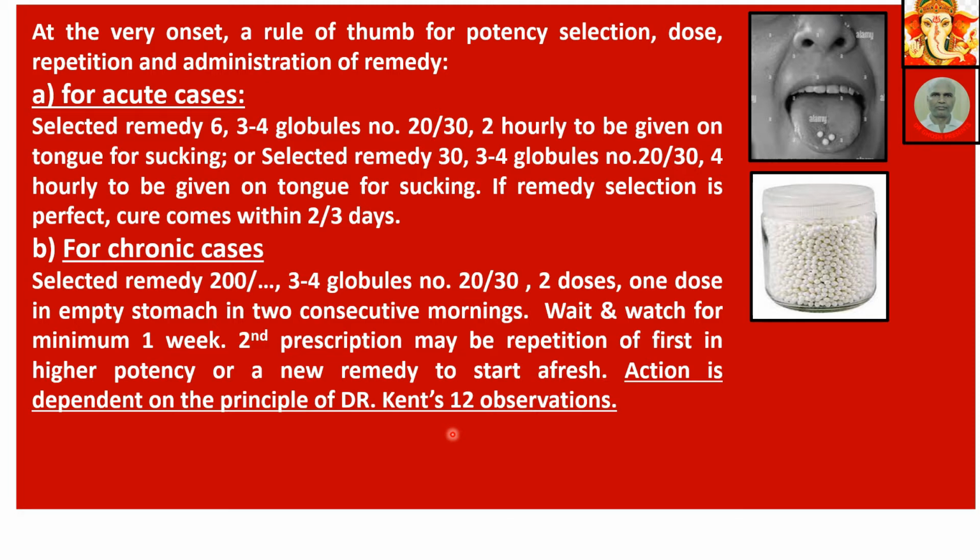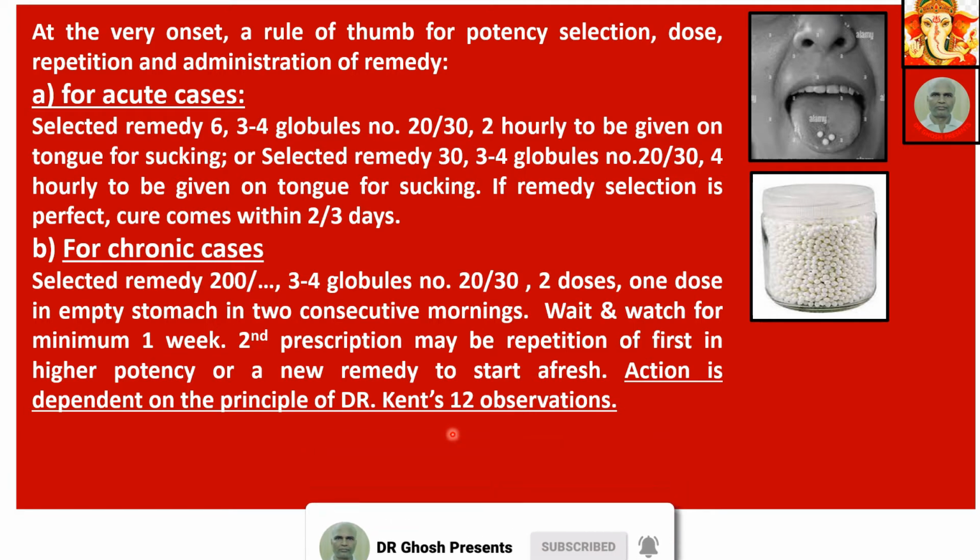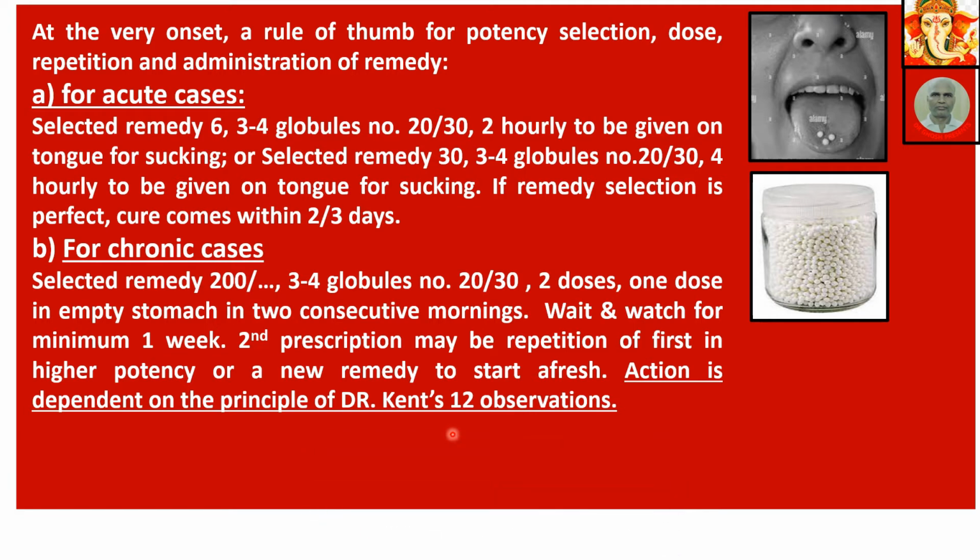Chronic diseases are very difficult to manage. So one must know many other things that are needed generally for acute cases. So you must know Dr. Kent's 12 observations beforehand if you really try to fight chronic cases.